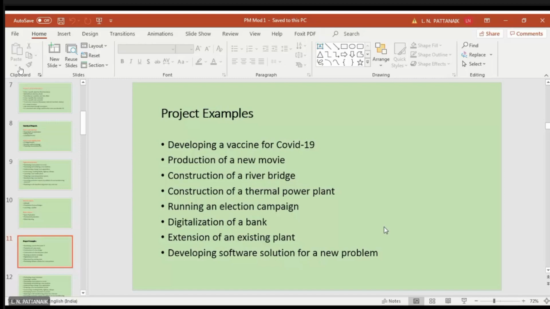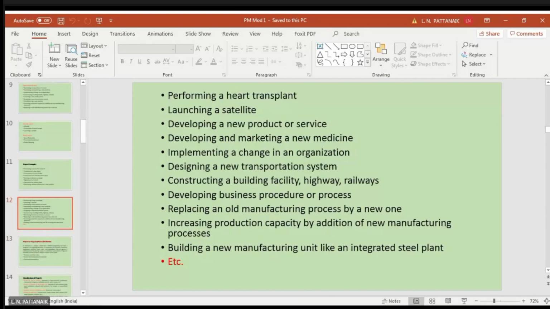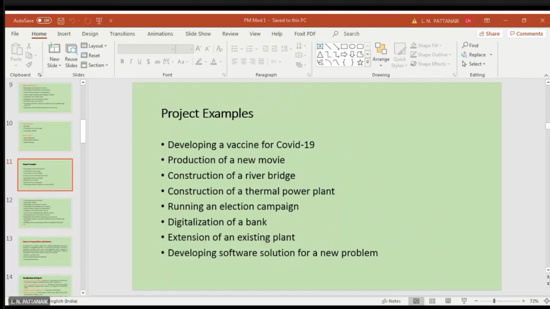Apart from these examples, I'd just like to hear from a few of you. Can you give some example of a project apart from this, please? Any example apart from this? Yes.